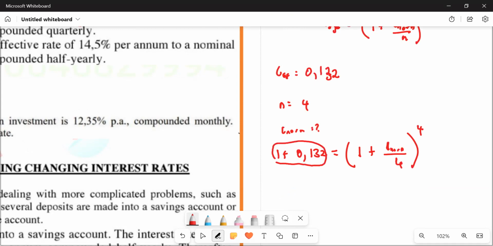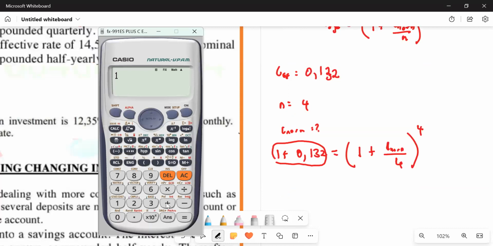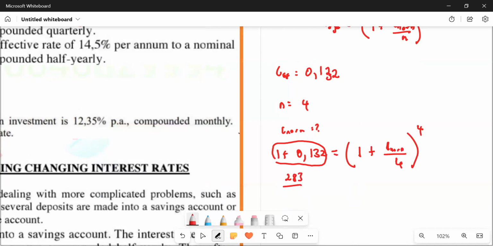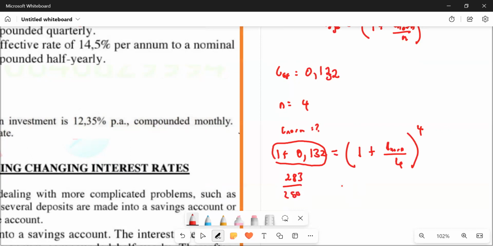Let's check, if we add those two, what do we get? We get 1 plus 0.132, and then we can write it as a fraction like this: 283 over 250, which is equal to (1 plus i nominal over 4) to the power of 4. Okay, what should I do from here?